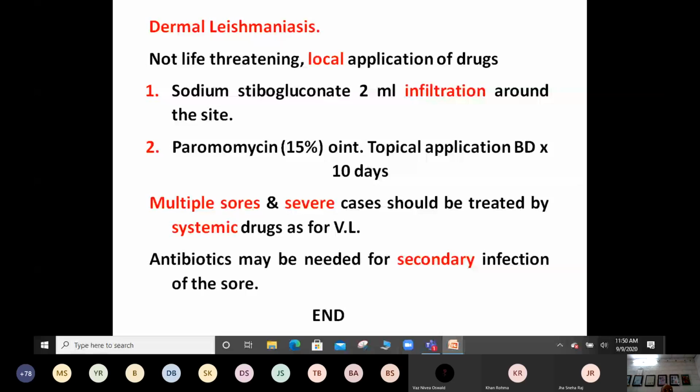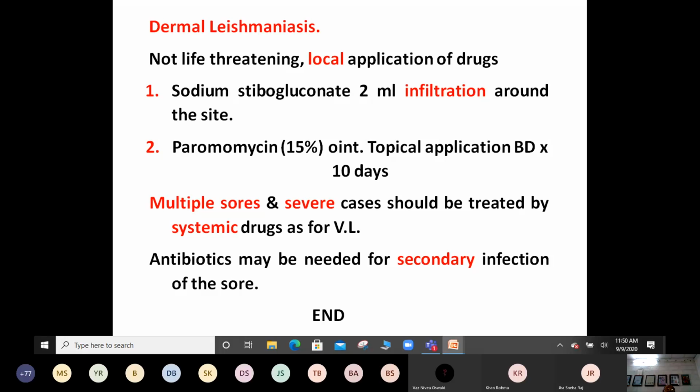So, number 1, sodium stibogluconate, 2 ml of the drug is infiltrated around the site, or paromomycin 15% concentration ointment, topical application twice a day for 10 days.